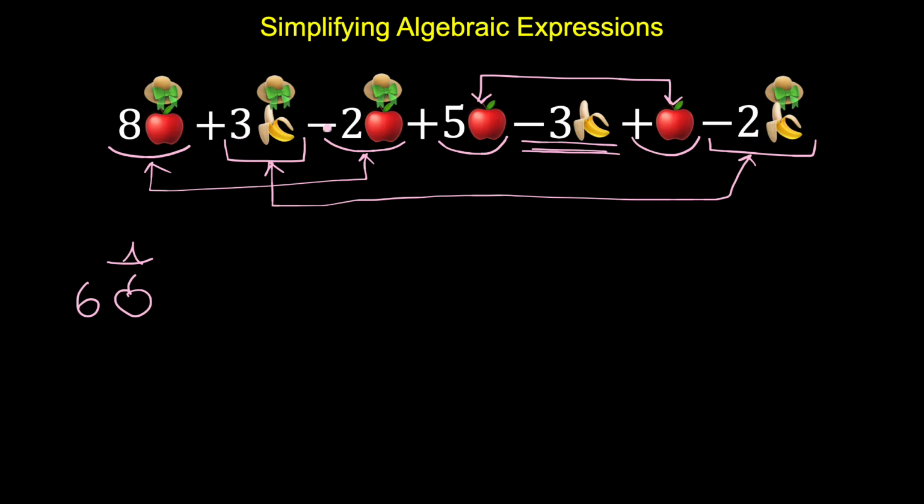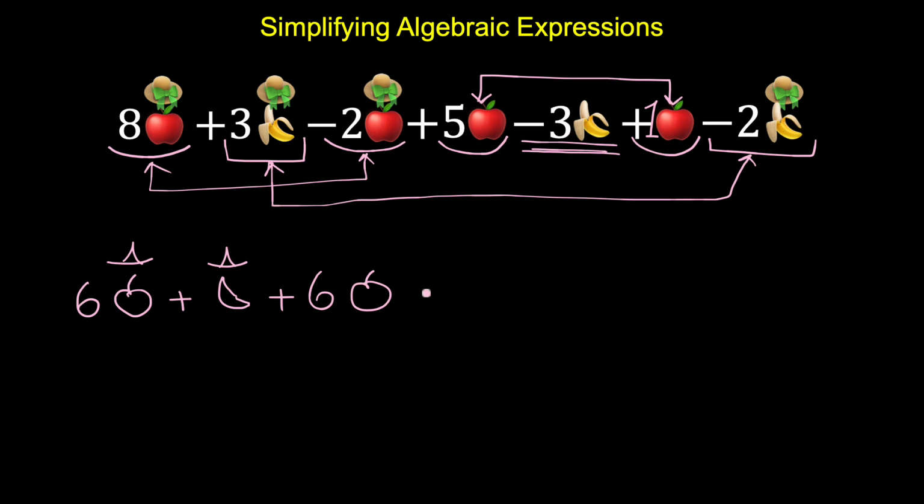So +3 minus 2 equals +1, and we don't need to write 1, so we just write the variable or fruit: banana with hat. And the next term is 5 apples plus 1 apple, and you know that when we don't see any number, we just consider it as 1. So 5 apples plus 1 apple equals 6 apples.